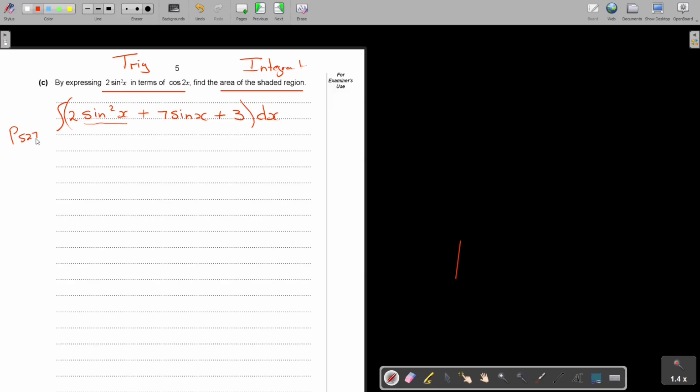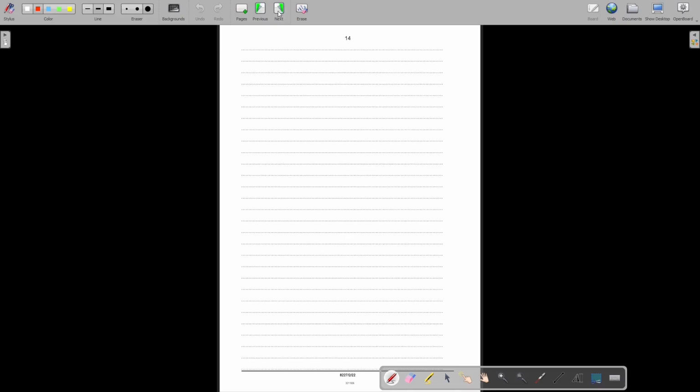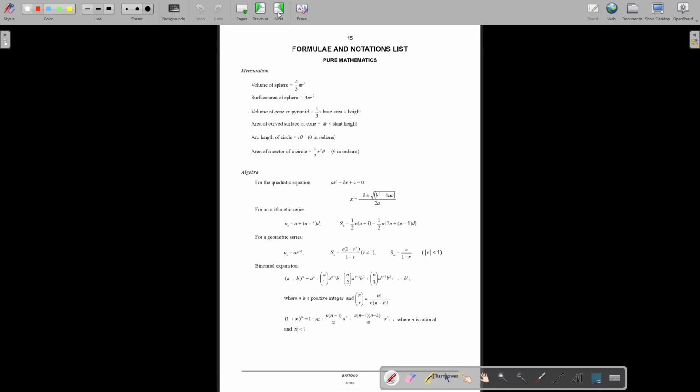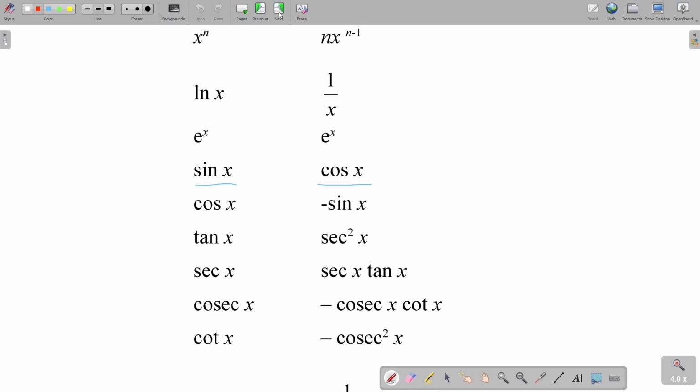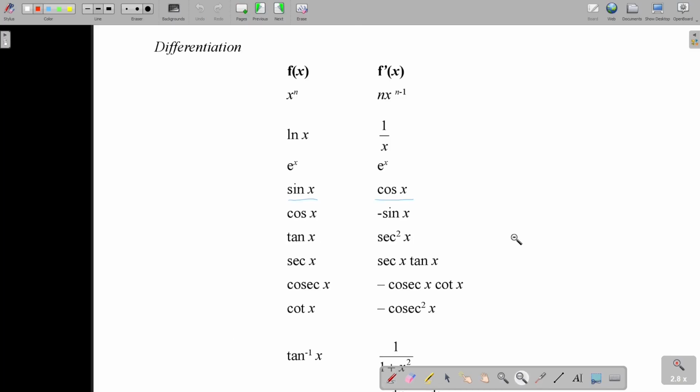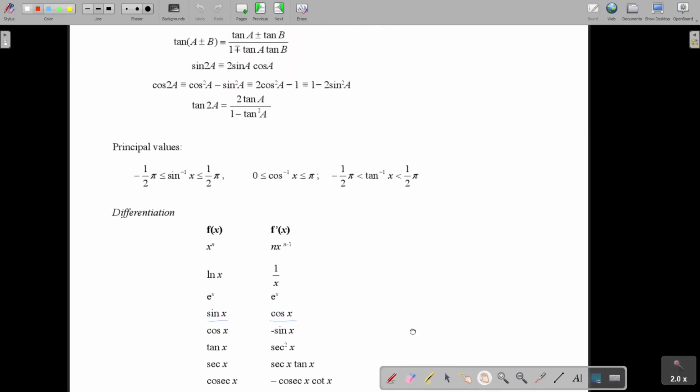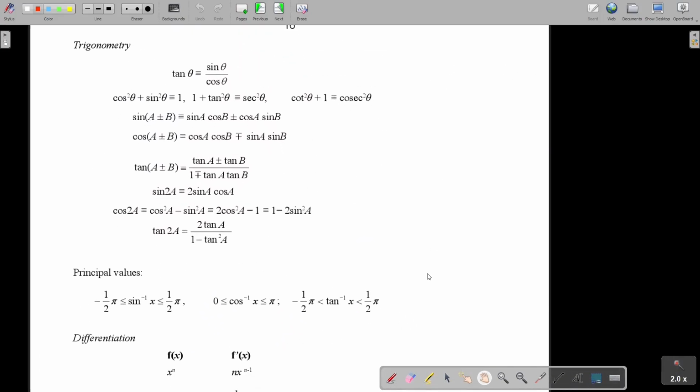Okay, so let's first go to the formula, because they said cos 2x, sin 2x. Let's go to trigonometry, the formula sheet. Here is trigonometry.